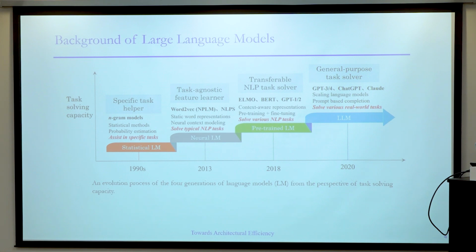They introduced static word embeddings and neural context modeling for natural language processing. And more recently, in 2018, we have Transformer-based natural language processing task solvers. There are pretrained models like BERT or GPT-1 or 2. They can produce context-aware representations with a pretrained model plus a fine-tuning pipeline.